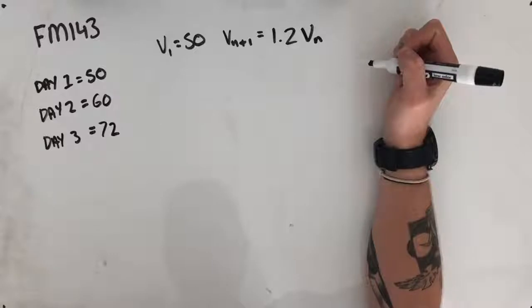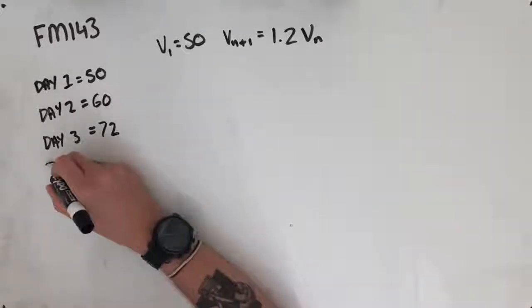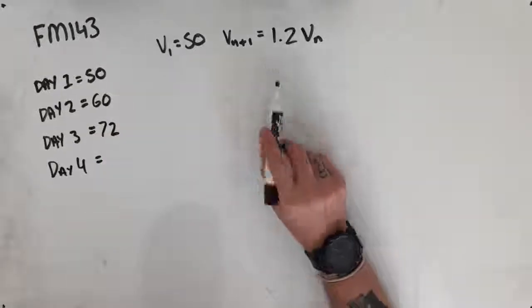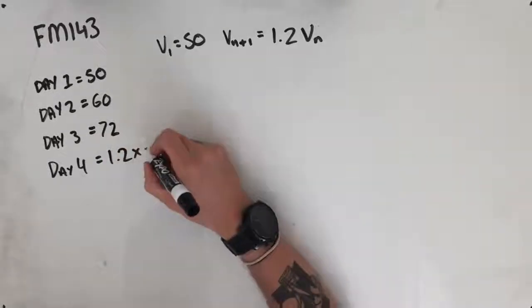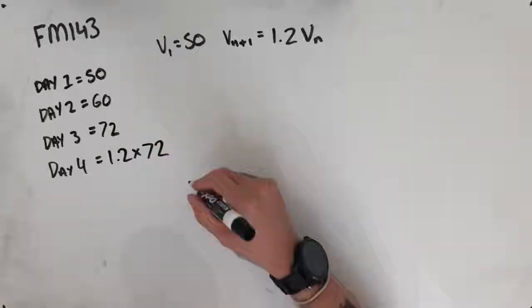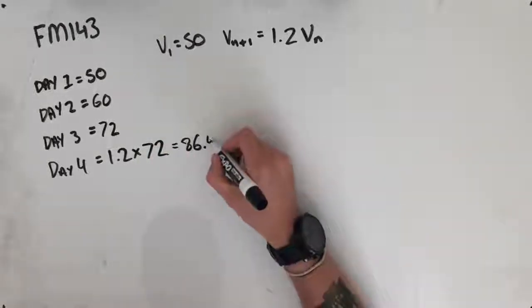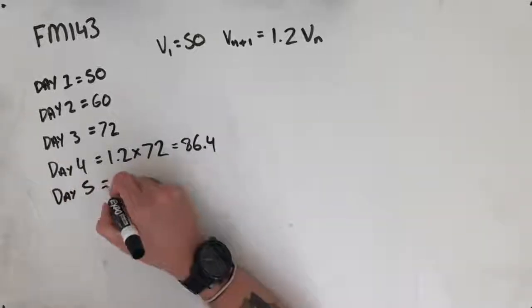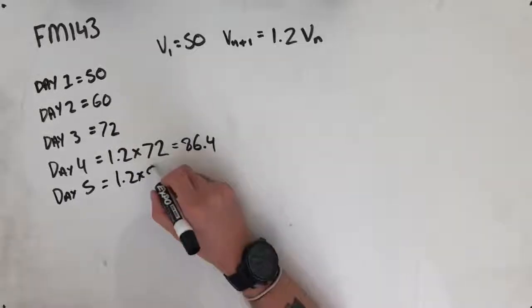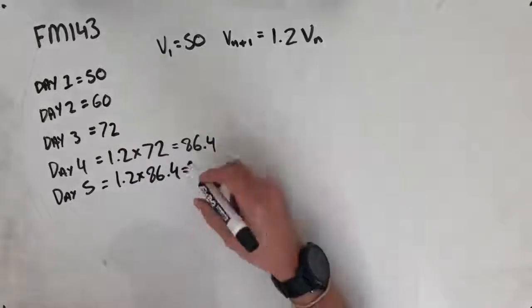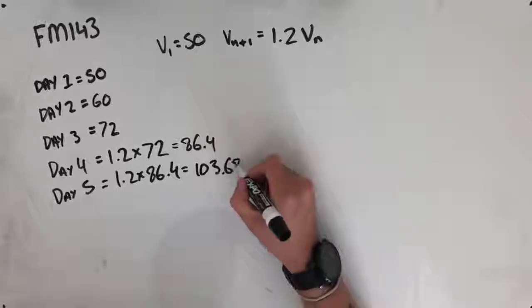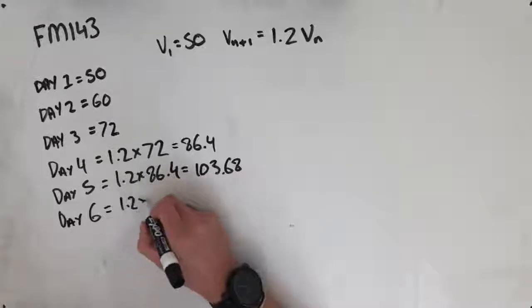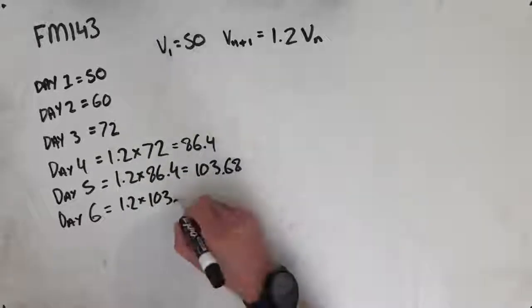Cool. So from here, we can find day 4 now by saying, well, our value for day 4 is going to be 1.2 times our value for day 3 of 72. So that's going to be 86.4. Day 5 is going to be 1.2 times 86.4, 103.68. Day 6, 1.2 times 103.68.